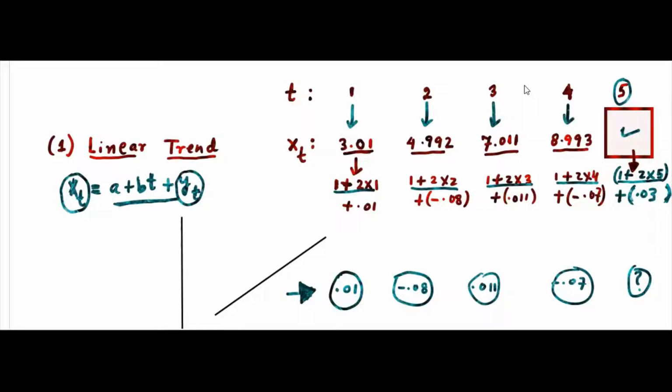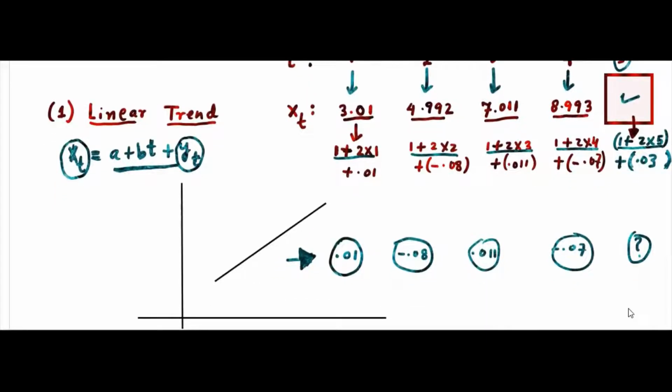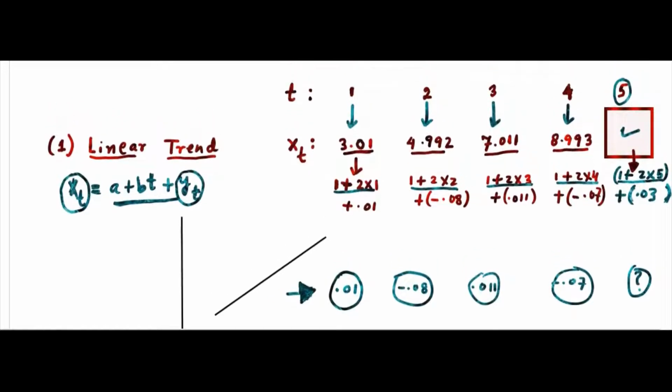This is the linear regression formula: a plus bx, where you need to find a and b. In my case, without estimating, I wrote the data in such a way that a is 1 and b is 2, so 1 plus 2t. Without estimating, I wrote 1 plus 2t because I wrote the data this way.